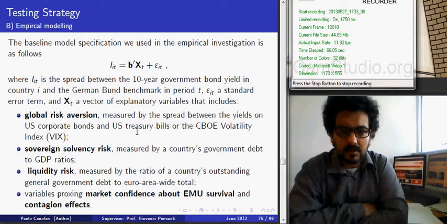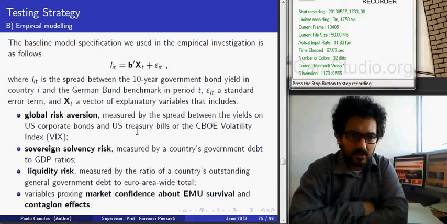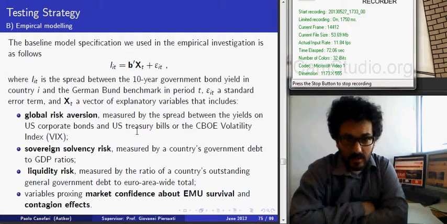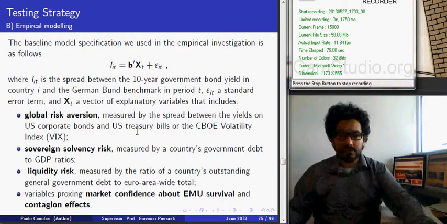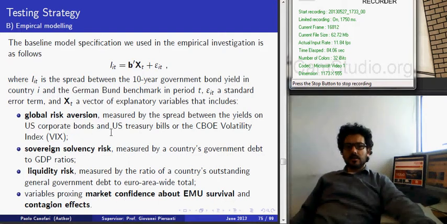We have used the VIX index, or the volatility index of the US stock market, and the difference between the AAA US corporate bond and the treasury bill, which is a measure of risk aversion.